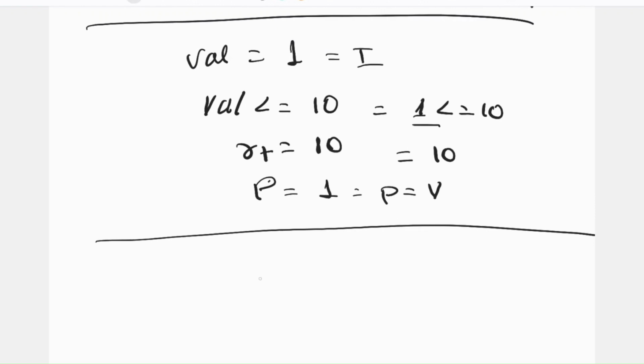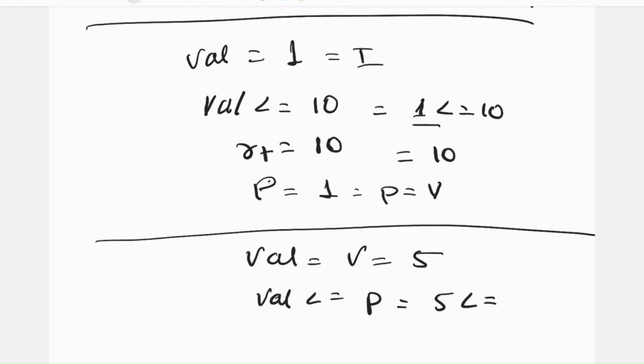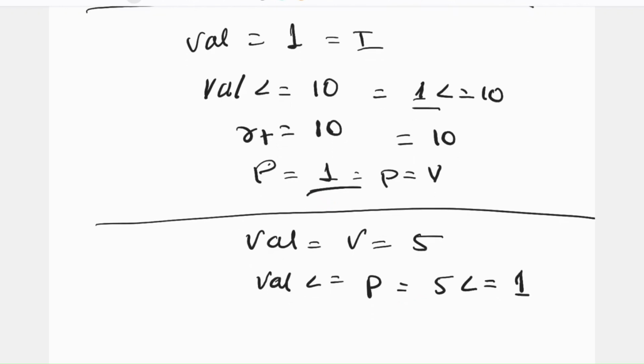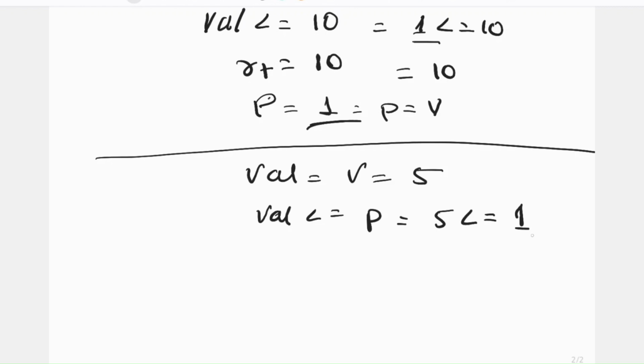In the next iteration, we again check val. My current val is going to be v, representing 5. So I am going to check if val is less than or equal to p. So val 5 is less than or equal to p, which is 1? If you see, it is not, right? So we will minus this value.